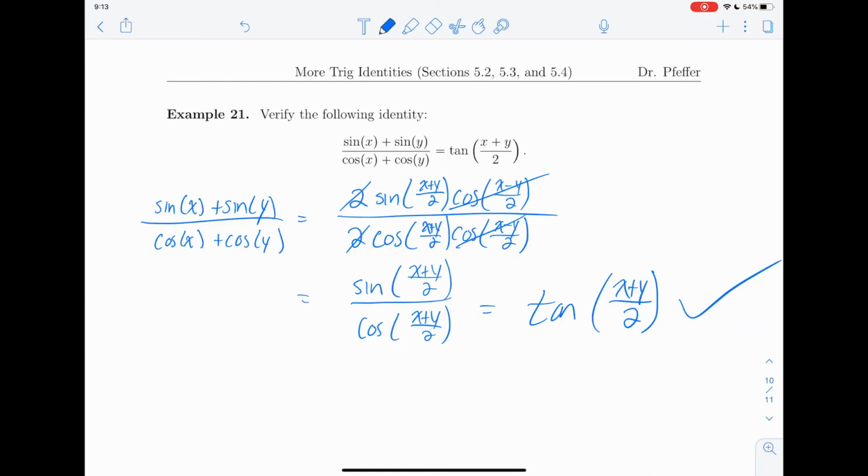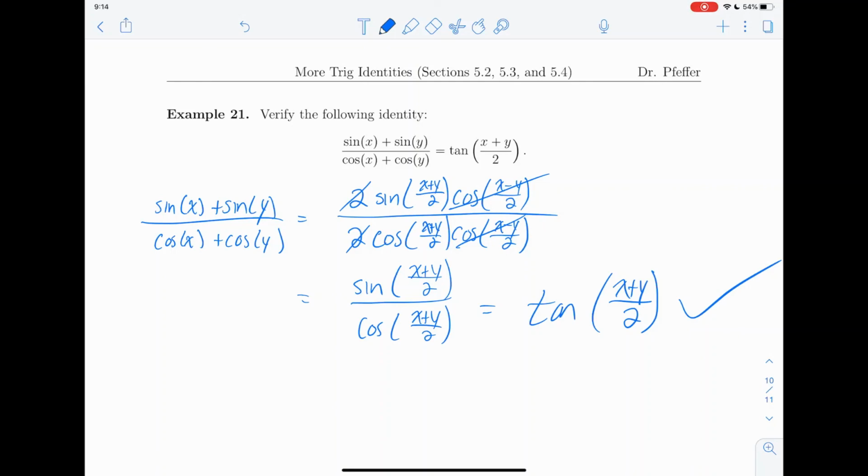So what we see here is that 5.4 introduces a handful of new trigonometric identities which allow us to tackle the same types of problems but of a more varied nature. This is going to culminate and finalize our discussion on trig identities, and I'm fully aware that this is a lot of information.